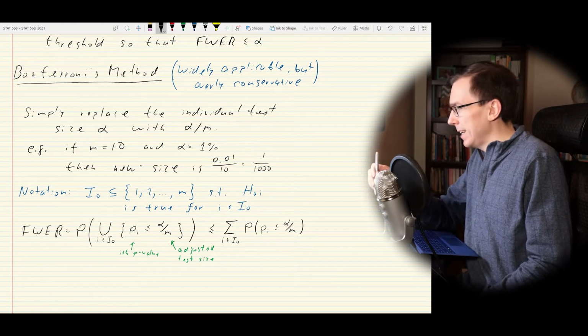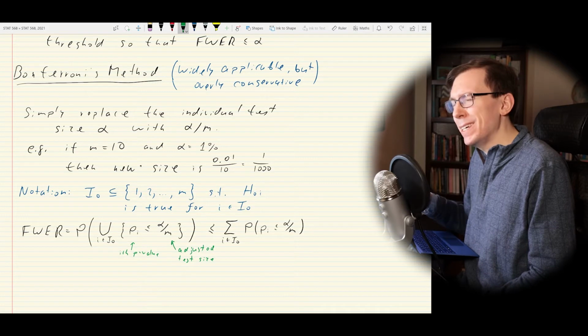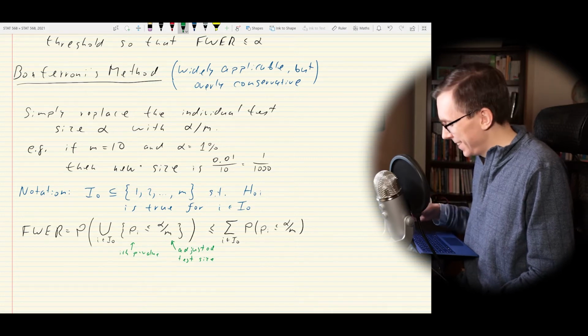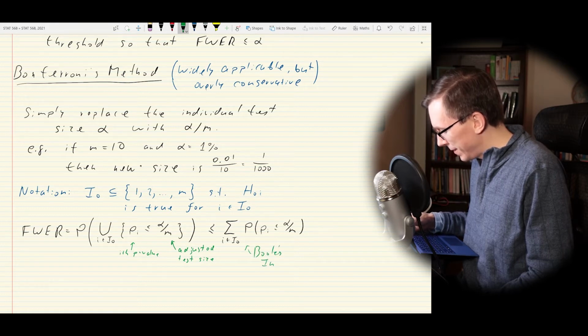So let me put that in here. I'm pretty sure it's B-O-O-L-E. Boole's inequality, if I remembered how to spell that.